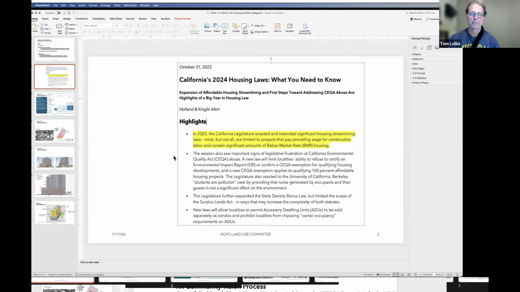But yeah, they are trying to take advantage of 2 50% bonuses. One is for low and I think very low income housing. Another one is for moderate income housing. They're taking a 50% bonus on each one. That's kind of how they get from 44 units to 88 units.